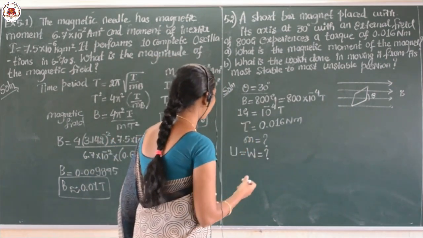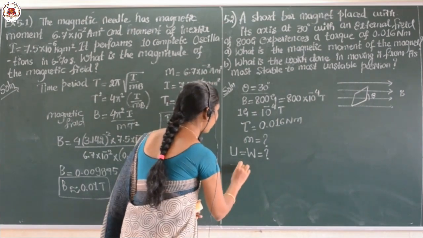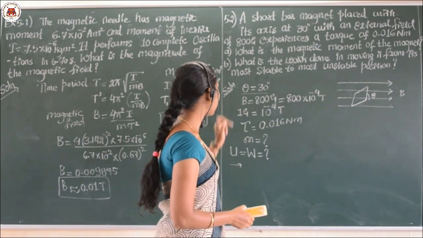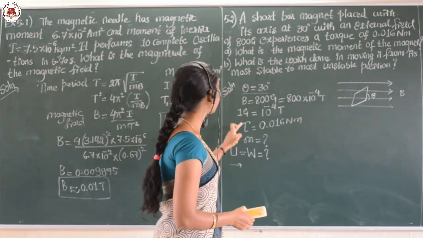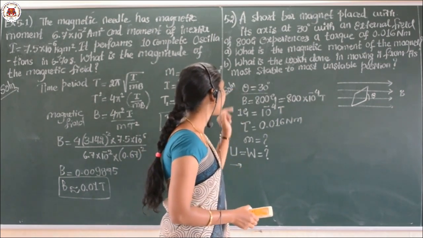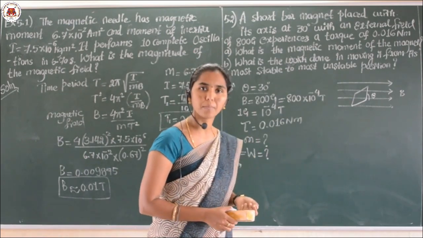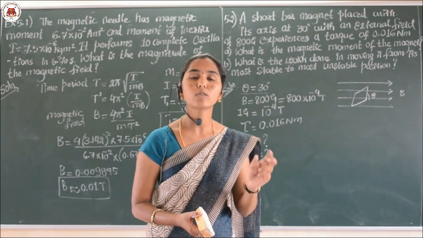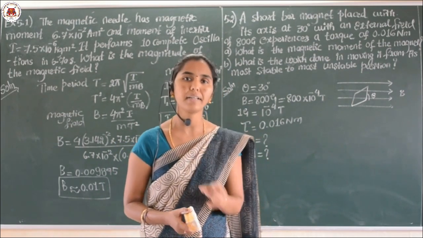The first formula is, so what formula you will use here? The torque is given, theta is given, and B also given, need to calculate the m. Simple formula, the torque acting on the needle tau is equal to mB sin theta.